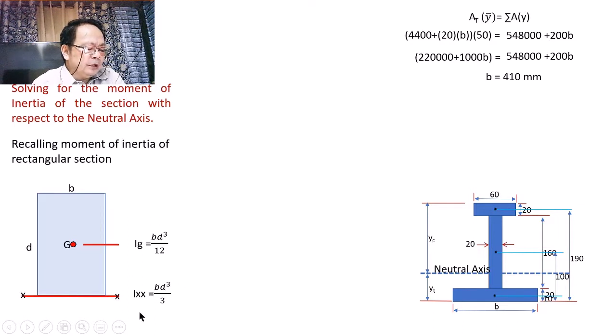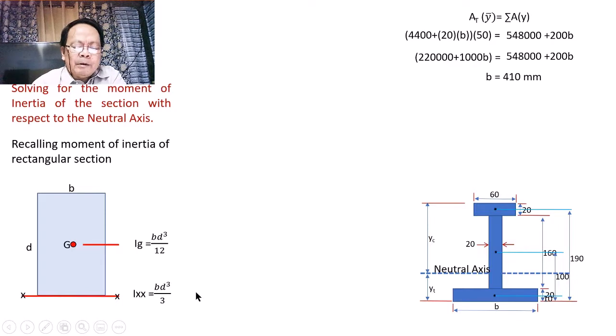So, itong value nito ay pwedeng i-derive sa pamamagitan ng transfer formula, using that the centroidal is equal to bd cubed over 12 plus the area multiplied by d over 2 quantity squared, and it will be arriving at this magnitude that the moments of inertia about the base of the rectangle will be equal to bd cubed over 3. Now, bakit ko ito pinakita?